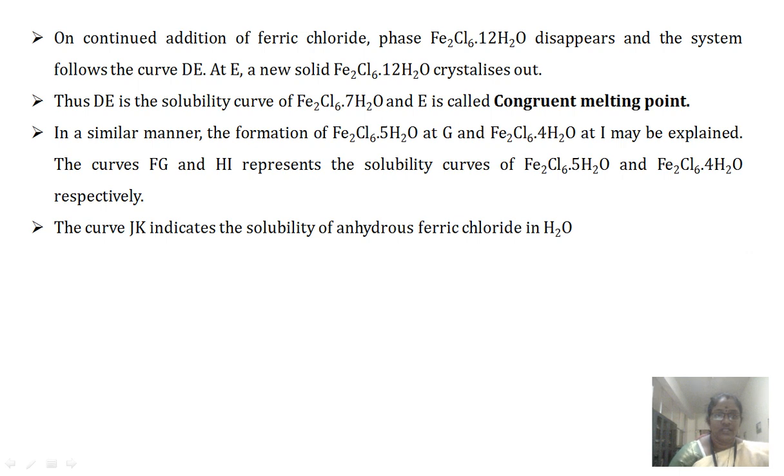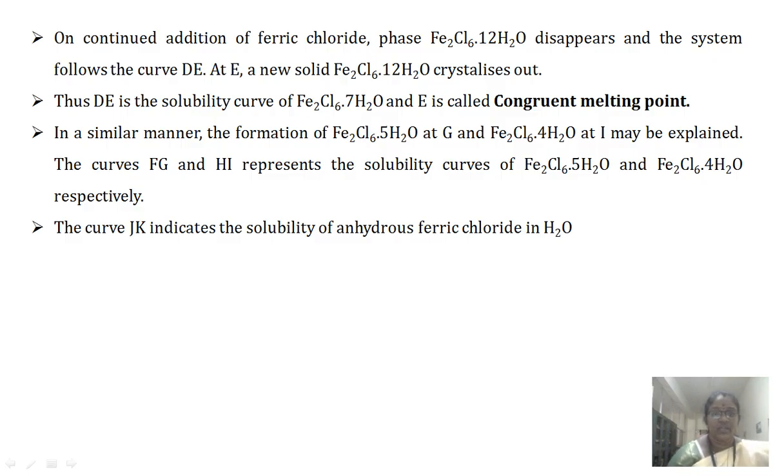On continued addition of ferric chloride, the phase Fe2Cl6.12H2O disappears and the system follows the curve CD. At E, a new solid crystallizes out. So in DE, E is called the congruent melting point.